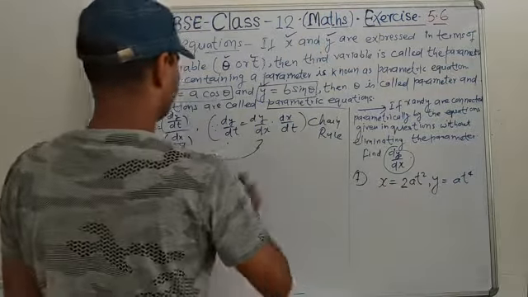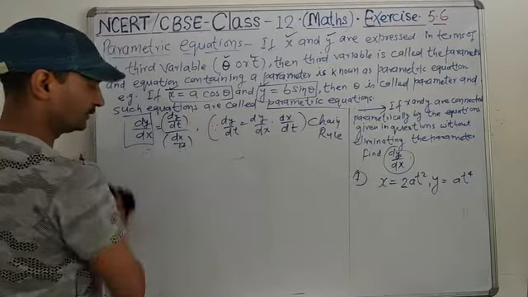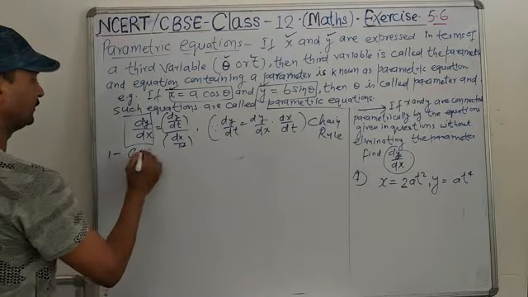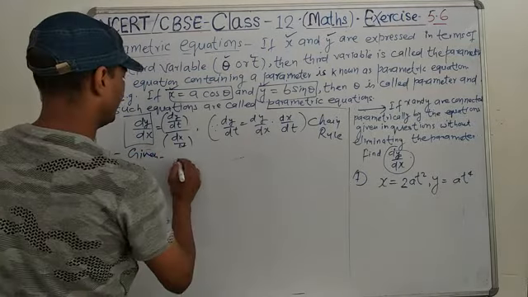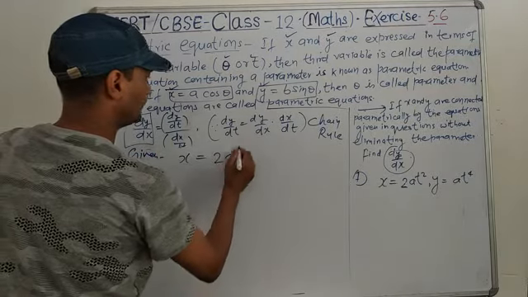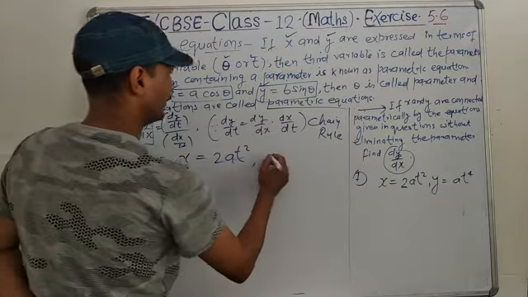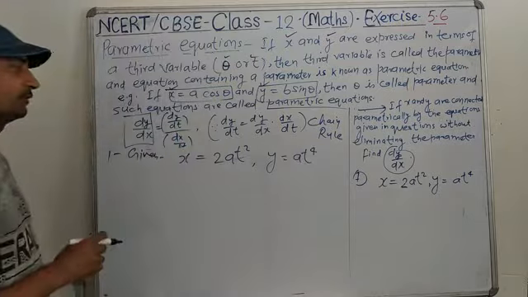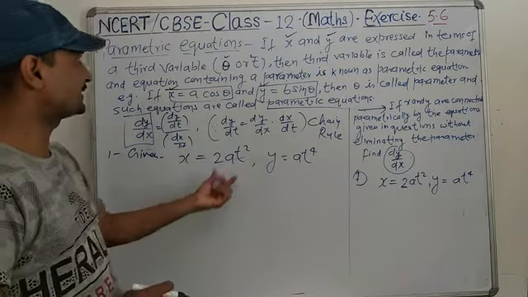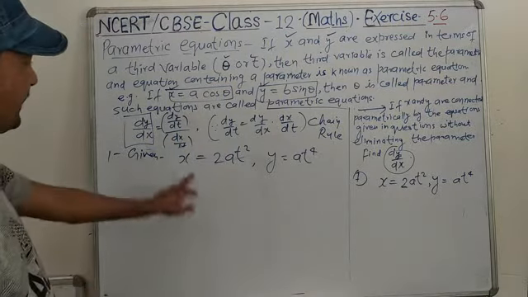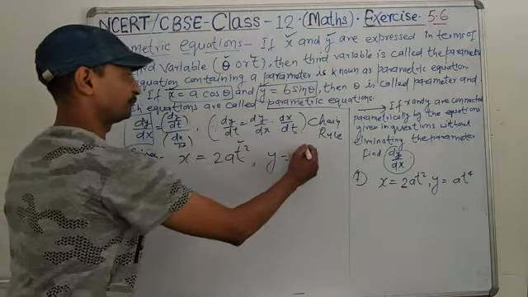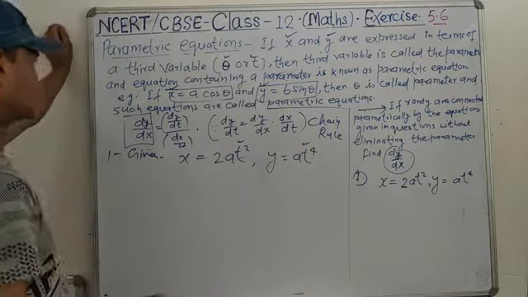And our question number 1 solution: given x is equal to 2at square and y is equal to at power 4. Now see here, clearly it is a parametric equation because x and y are variables and also the third variable is t. So this type of equations are parametric equations.